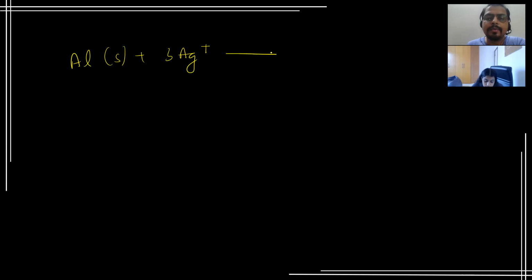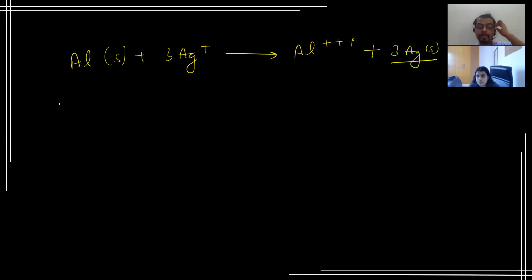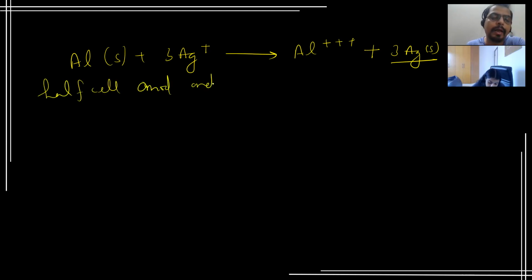It undergoes the reaction and forms Al 3 plus plus 3Ag solid. Can you write the half cell reactions, the half cell anode and cathode? Also, which one will go into the cathode and which element will go to the anode, and what will be the cell notation, how you can notate the cell notation.